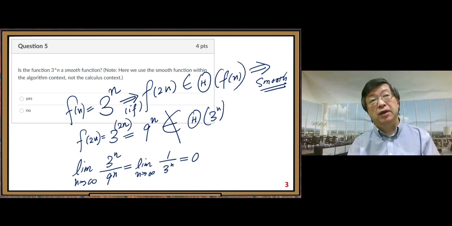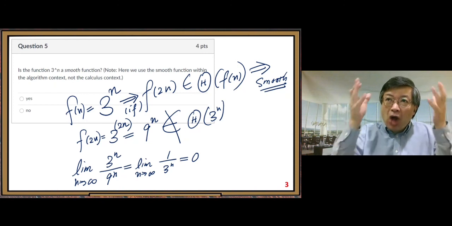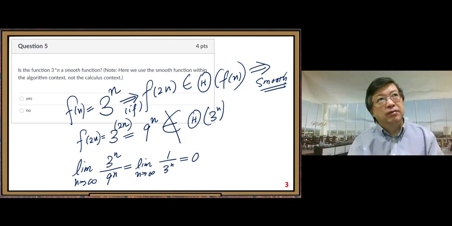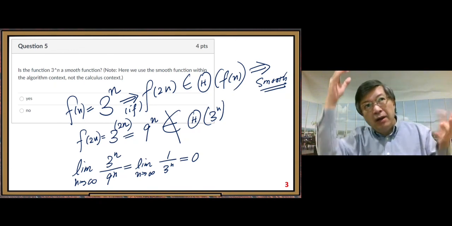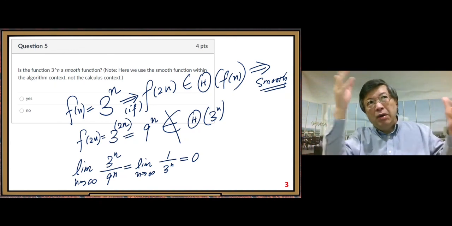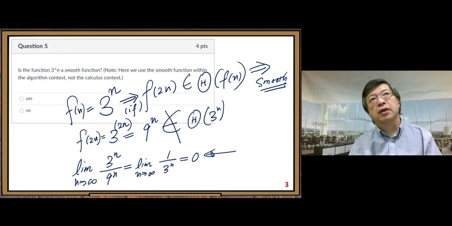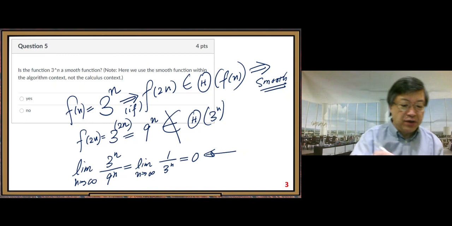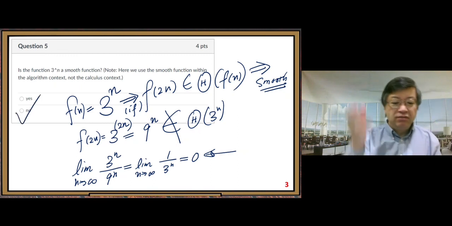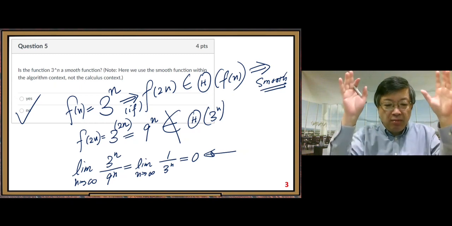That means the denominator dominates the numerator. So how can you say big theta? Big theta has upper bound and lower bound, so you cannot get this limit equal to 0 case. That means this function is not a smooth function. All right, so we complete part 1.